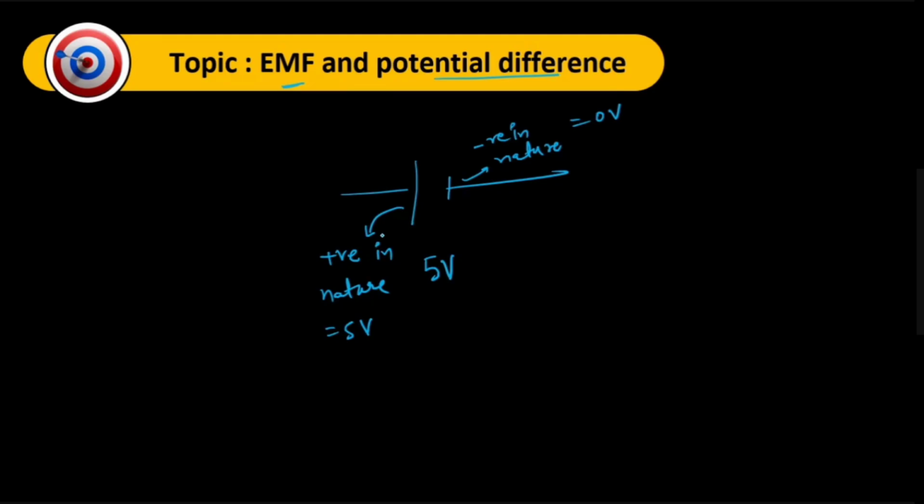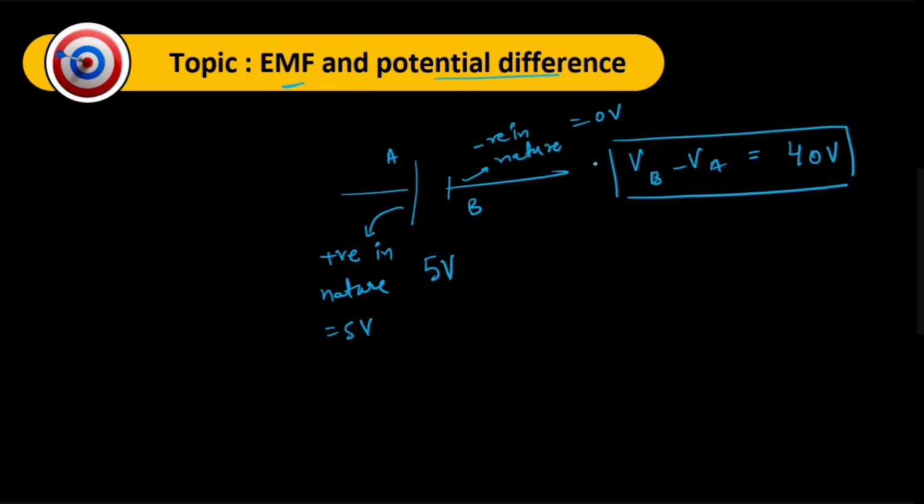So the difference between these two plates, if I assume them as A and B, the difference between B and A is nothing but 5 volts. So at any instant of working of this battery, we find that the potential difference between these two plates always remains 5 volts.